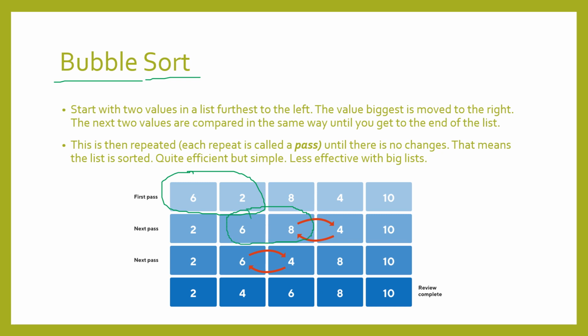like that. And we compare those 2 values and we move them into order. And then it'll move to this one, these 2, and then these 2, and so on and so forth, comparing all the values. What it'll then do is it'll repeat this process the same way until no swaps are made.